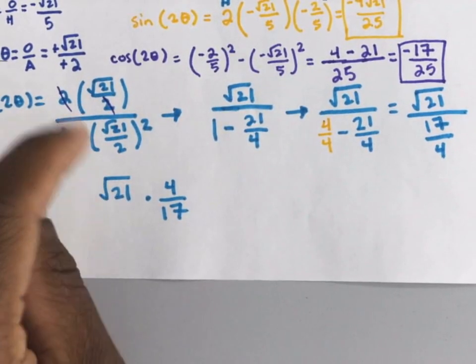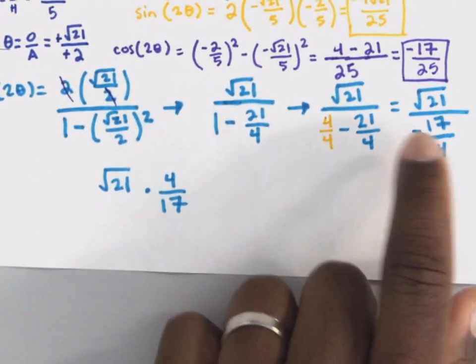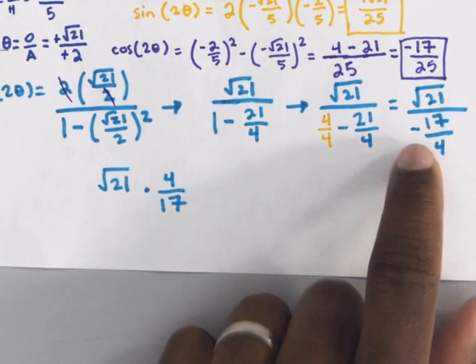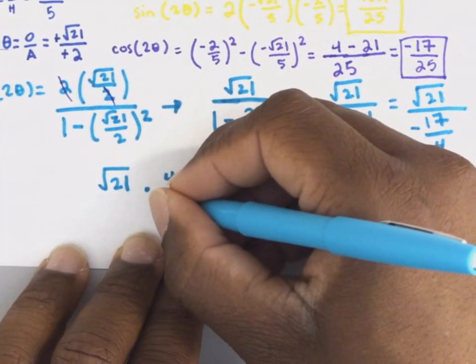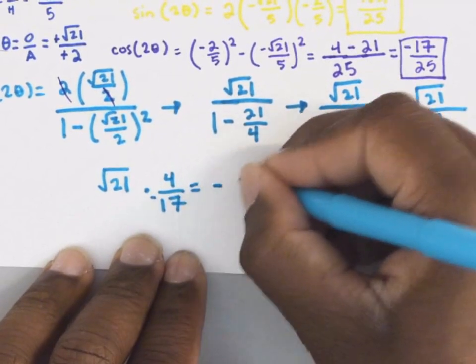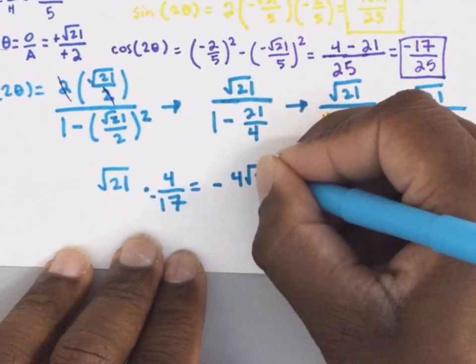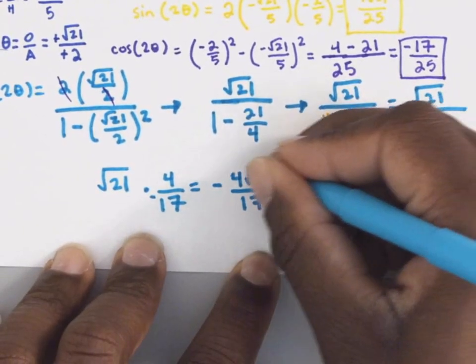Tangent was positive, positive. Yeah, this should be negative. So my answer should be negative 4 root 21 over 17.